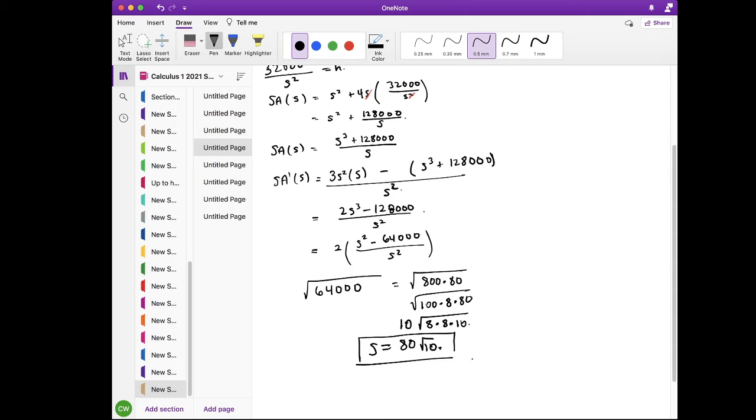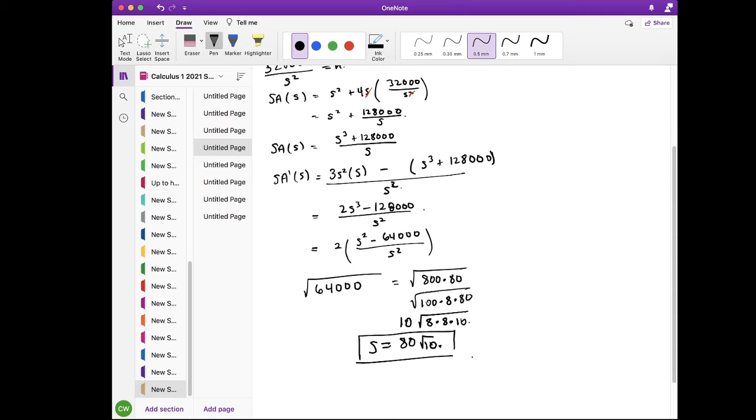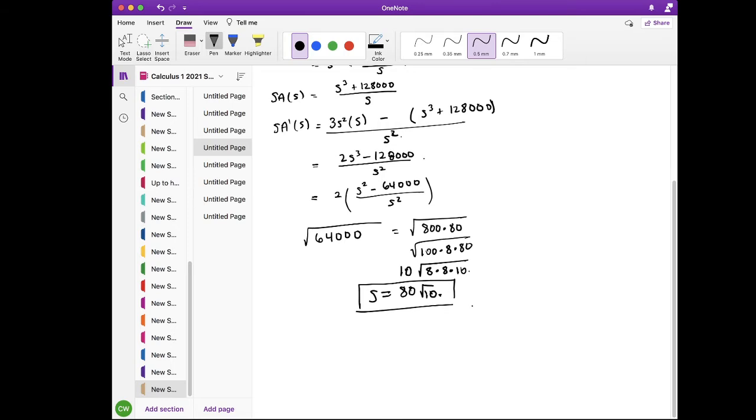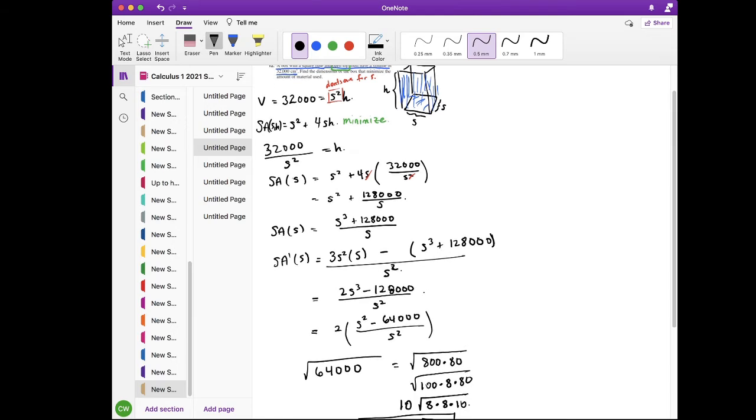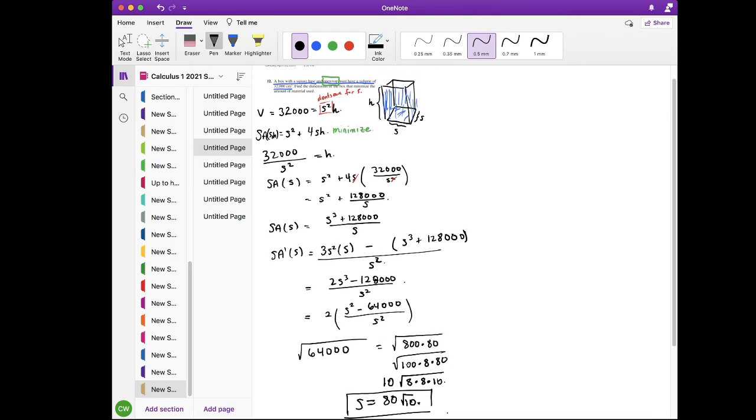Right, yeah, so you just set S squared minus 64,000 to 0, and then we get 80 square root of 10. So we want to find both the dimensions, so we need the H as well. Okay, so not bad since we're going to be squaring it.